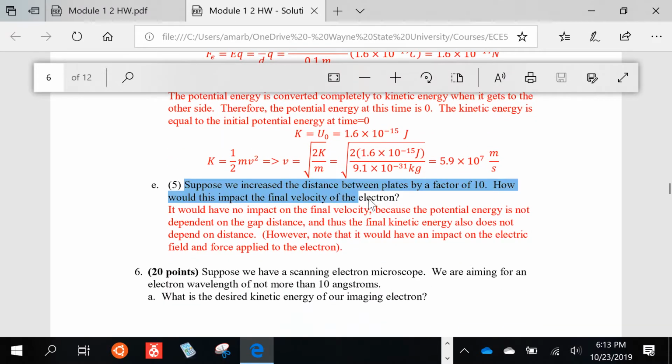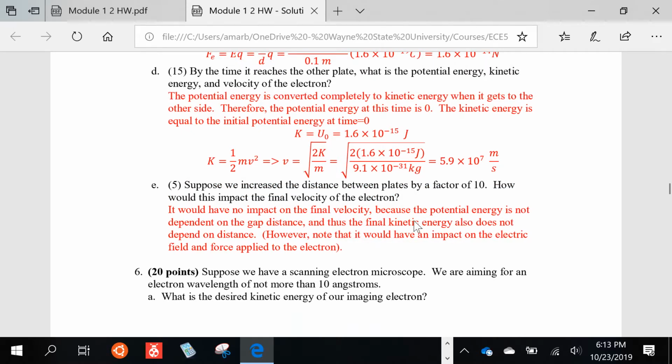So just to really drive this concept home is this last part here. Suppose we increase the distance between the plates by a factor of 10. How would this impact the final velocity of the electron? Now the key point here: this problem says that we put 10 kilovolts between the electrodes, so that corresponds to 10 kilo electron volts of potential energy.